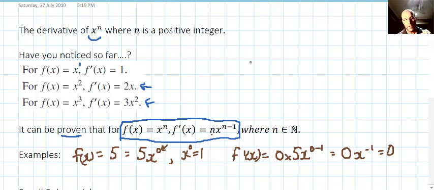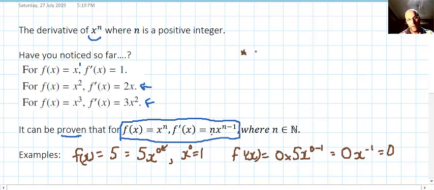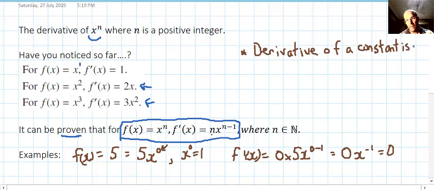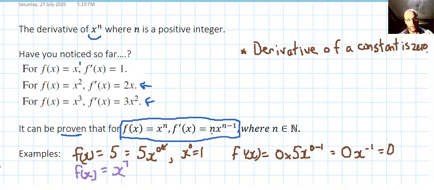So that's actually a result: the derivative of a constant is 0.